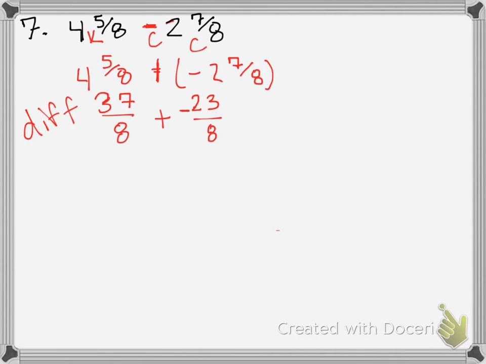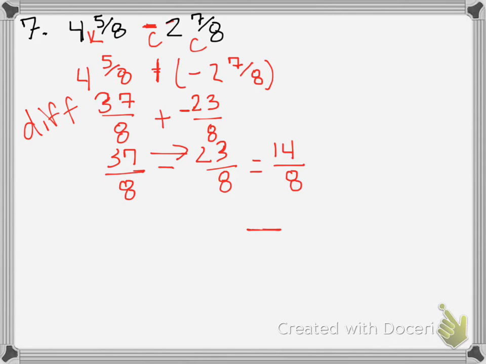So when you subtract fractions, you subtract straight across the top. So 37 minus 23 is 14. So it's 14 over 8.